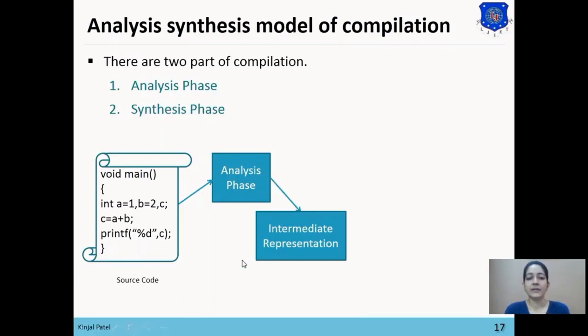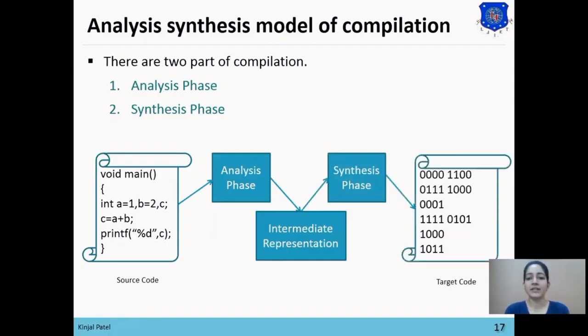The intermediate representation can be in any form, like three address code, Polish notation, postfix notation, or abstract syntax tree. Then that code will be passed to the synthesis phase, and then the synthesis phase will generate the machine code.